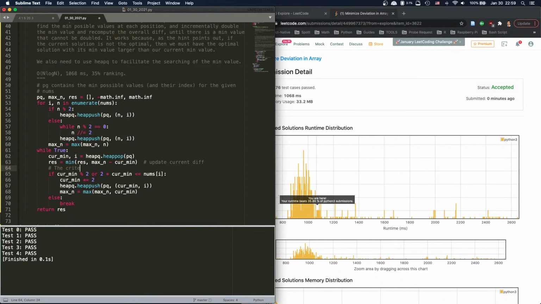The criteria for determining whether the current num can be doubled: it is even, and doubling it is within the limit.